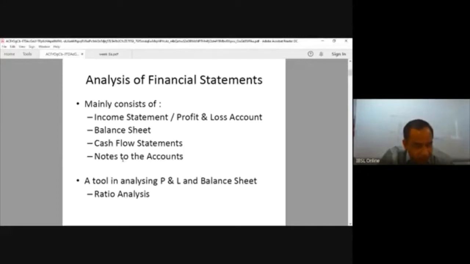The viability and strength of the business, you can see from the balance sheet and income statement or profit and loss account. But whether they can pay, whether they have sufficient cash flow, is something the cash flow statement will throw some light on.